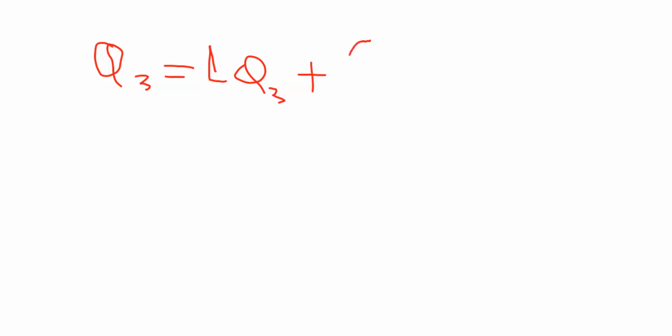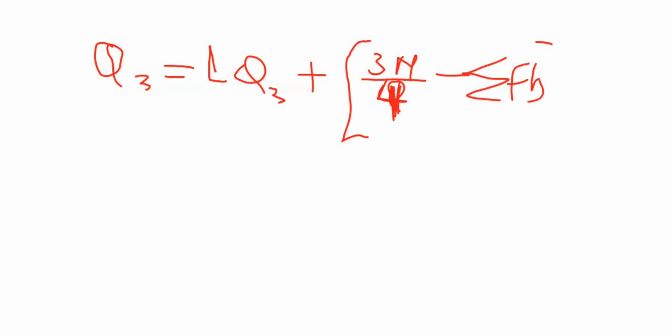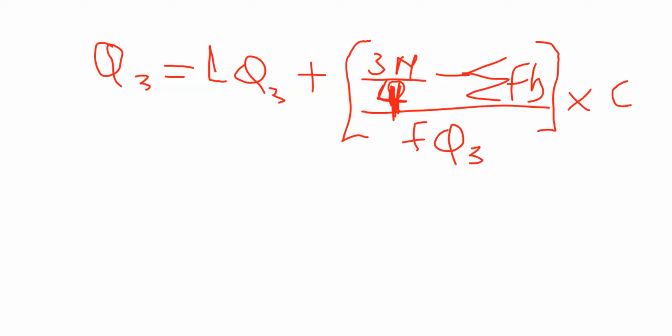So in this case, we have 3/4 n minus summation of FB, all over frequency of Q3, times class interval.